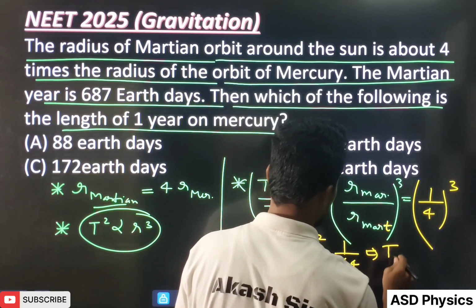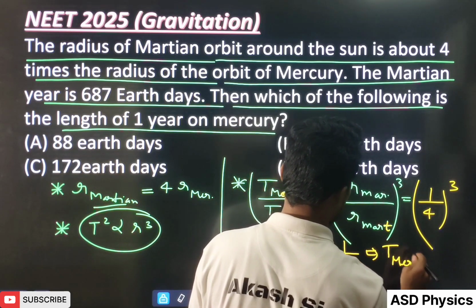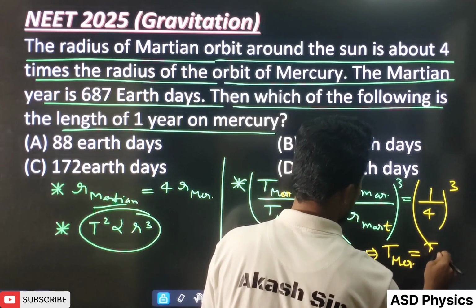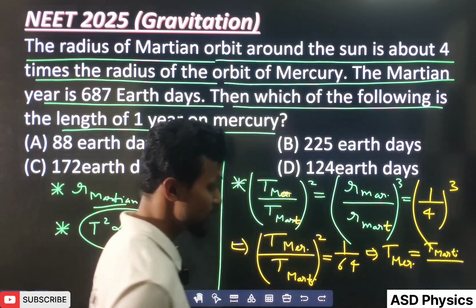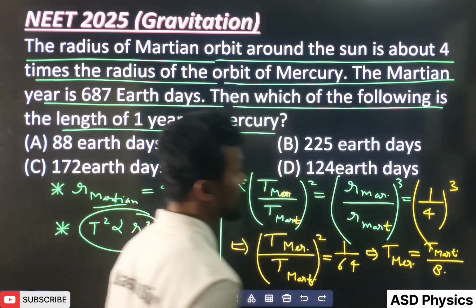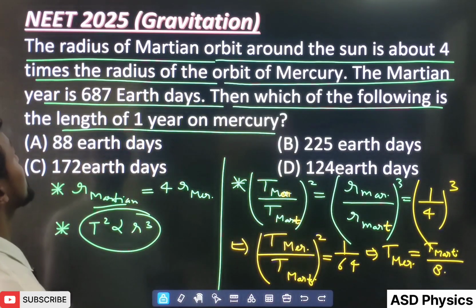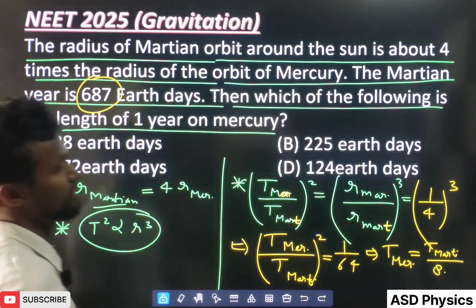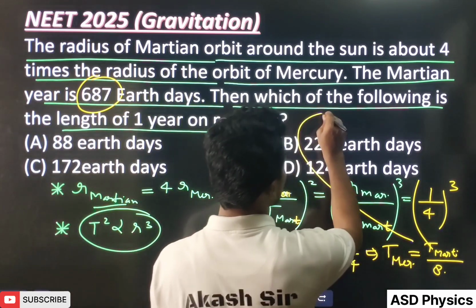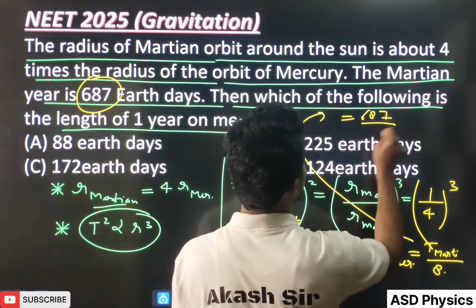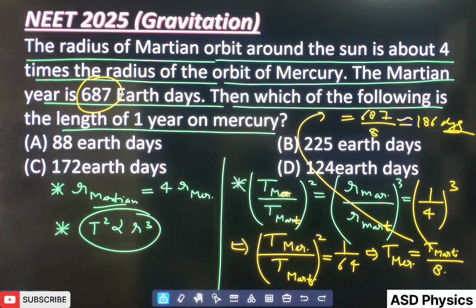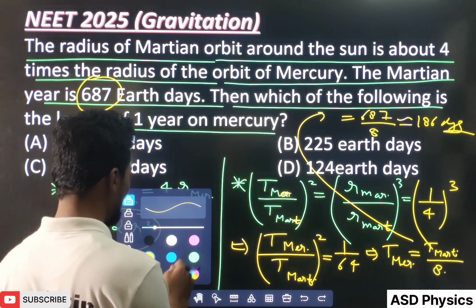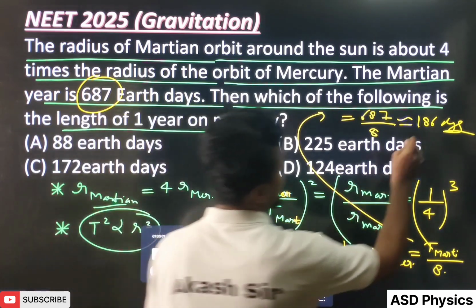So T Mercury by T Martian will be 1 by 8. So T Mercury equals T Martian by 8. T Martian, how much is given here? You can see here 687. So 687 by 8, approximately it will come 86 days here.